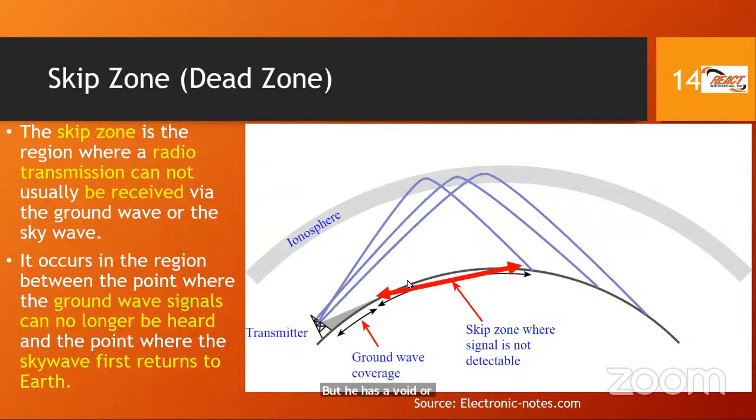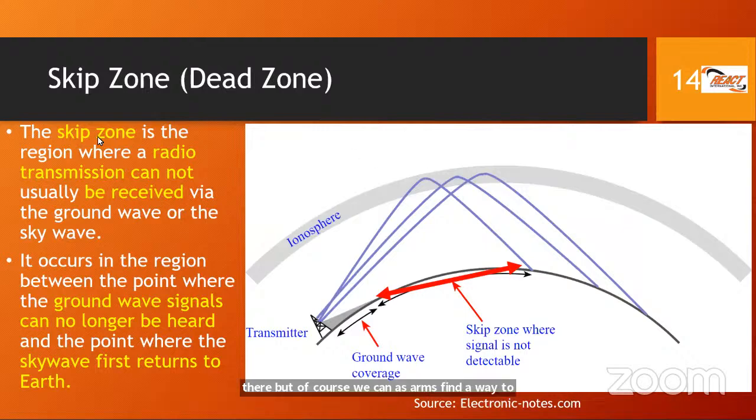That skip zone is an area where you will not have any communications because it is beyond the ground wave from your antenna, and it is before your signal drops back to the Earth via the sky wave, or via the ionosphere refracting your signal. So this is called the skip zone, sometimes called the dead zone. There's no communication there. But of course, we can as hams find a way to communicate, right? But just be aware of the definition of what the skip zone is.